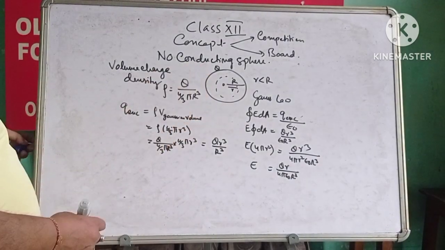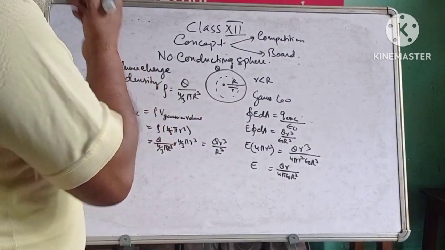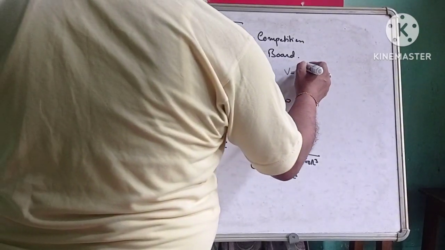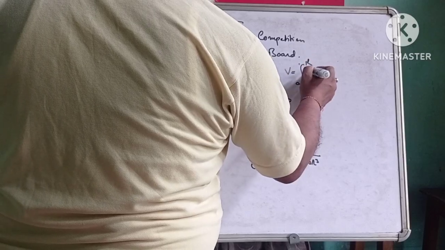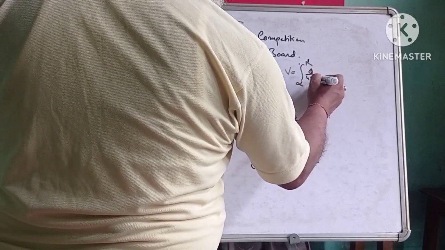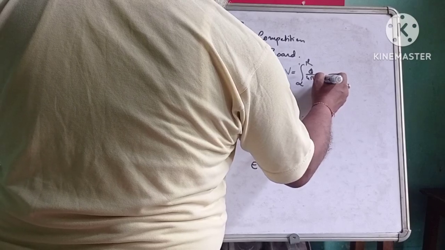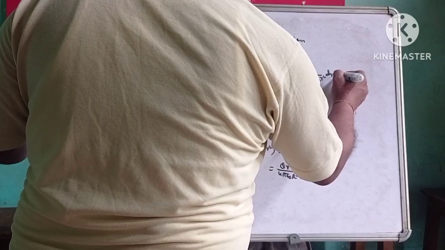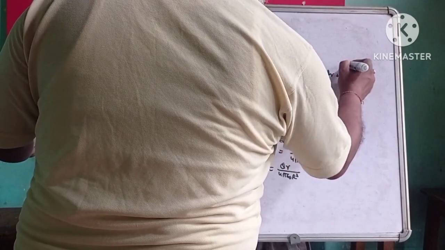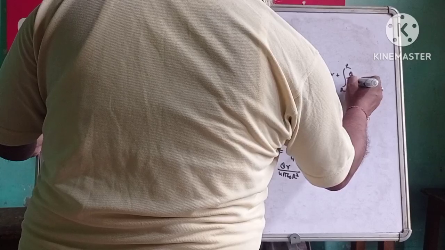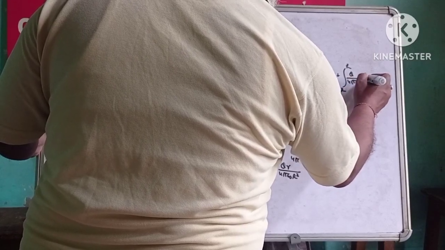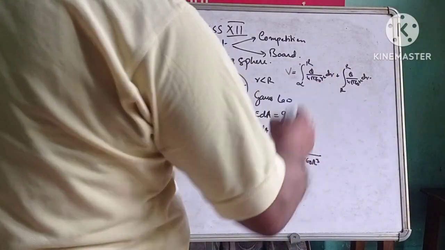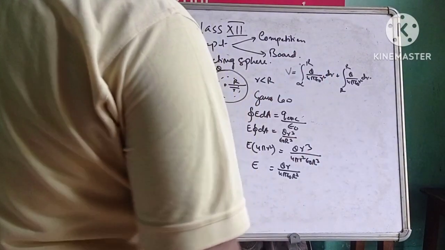And again, you can find the potential. Your potential will be from infinity to r, that is q by 4 pi epsilon naught r square dr, plus r to r 2 by 4 pi epsilon naught r square dr. So you can find the potential by the help of this formula, same.